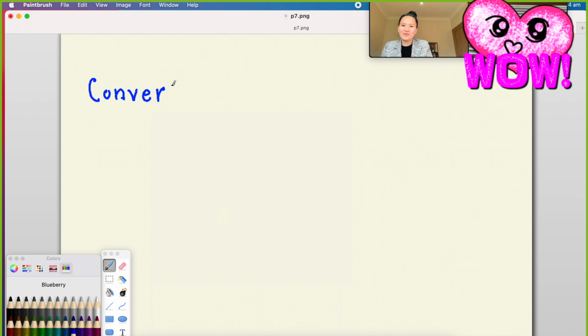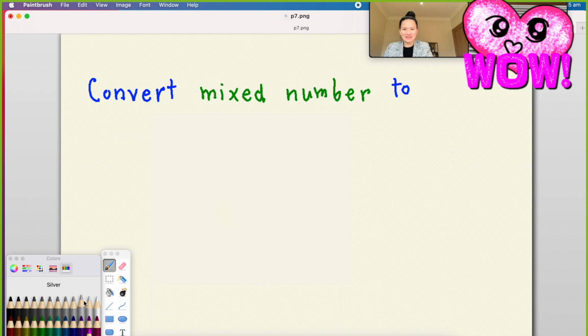Okay, we're going to convert mixed number to improper fraction. Grace, what is improper fraction again, please?